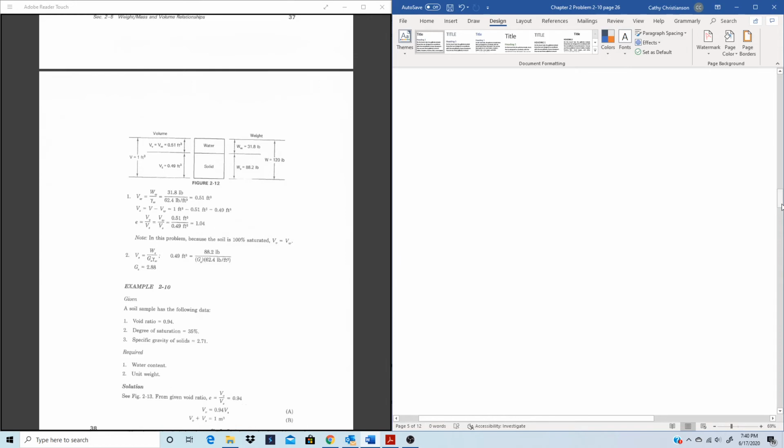Void ratio, which is e, is equation 2.7. So e is the volume of voids divided by the volume of solids. Remember, this is 100% saturated, so VV equals VW.